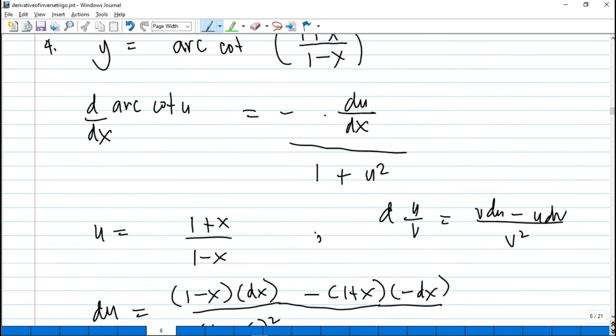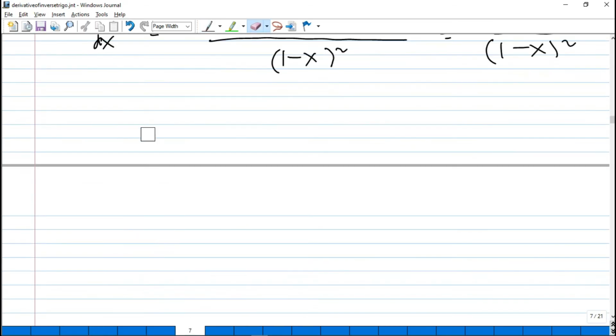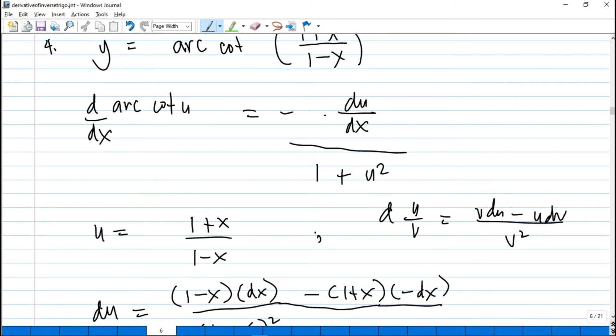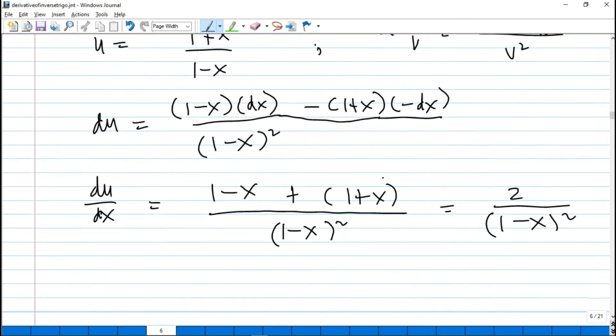We just plug it into the formula. So plugging into the formula, the derivative of arccotangent of (1 plus x) all over (1 minus x) with respect to x is negative du over dx all over 1 plus u squared. Okay, negative.